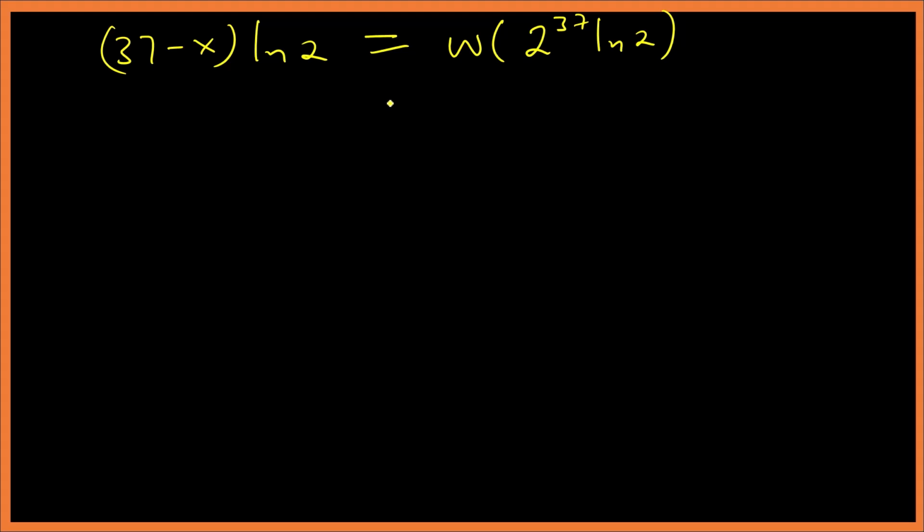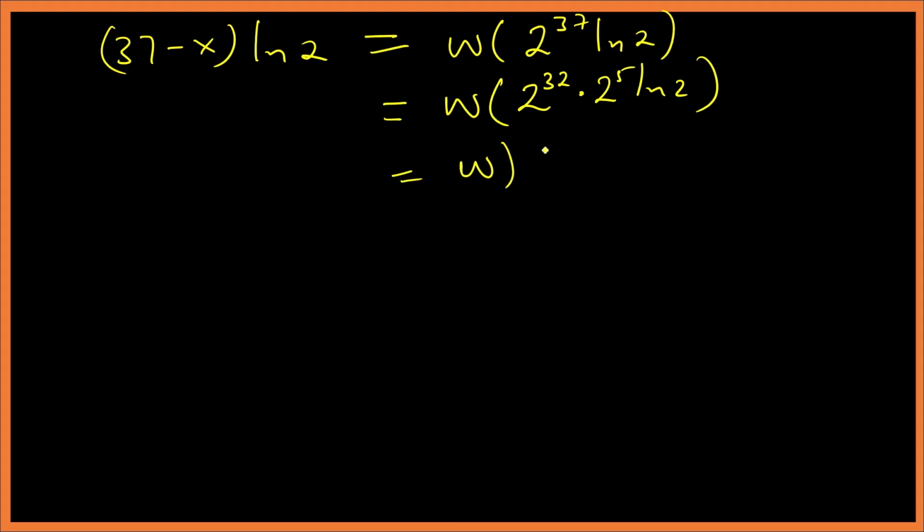All right, so I'll write this one as W function of 2 to the power 32 times 2 to the power 5 ln of 2. We know 2 to the power 5 is 32. So let me introduce e here.